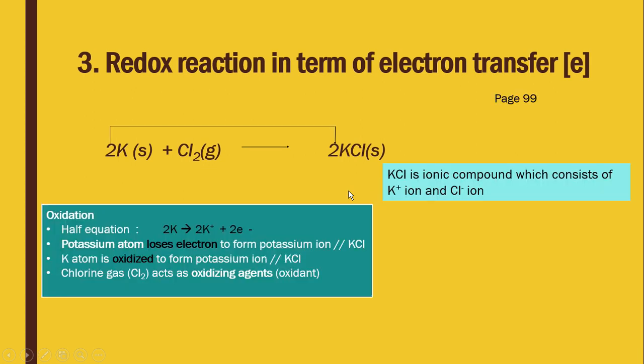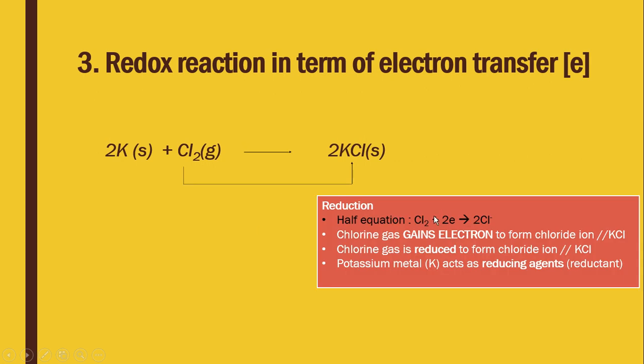The 2 electrons released are received by chlorine to become chloride ion. So chlorine gas is said to have gained electrons to form chloride ion. Be careful: this one is chlorine gas, this one is chloride. Don't mix them up, or you can use KCl, it's also fine.